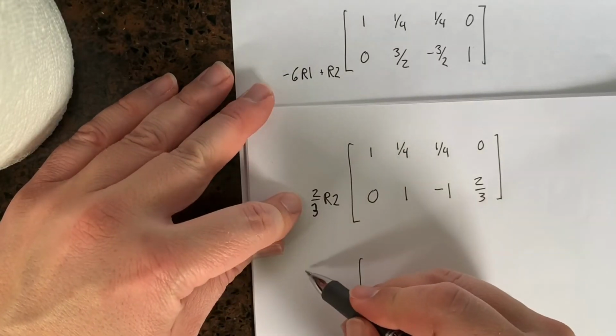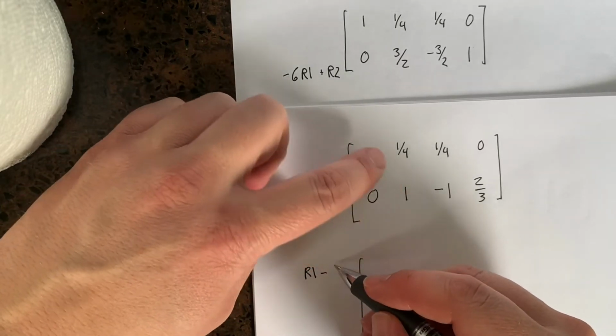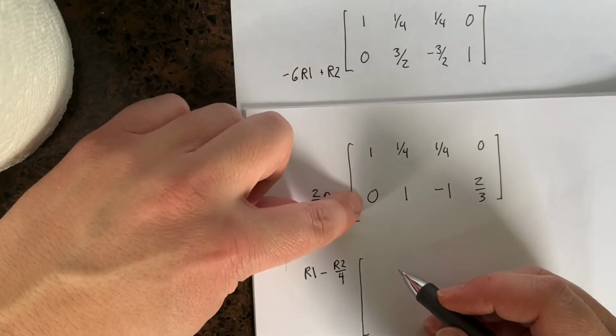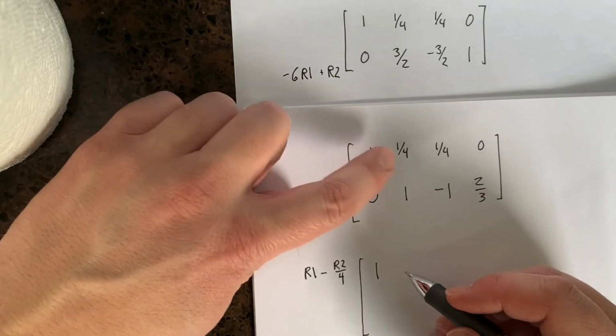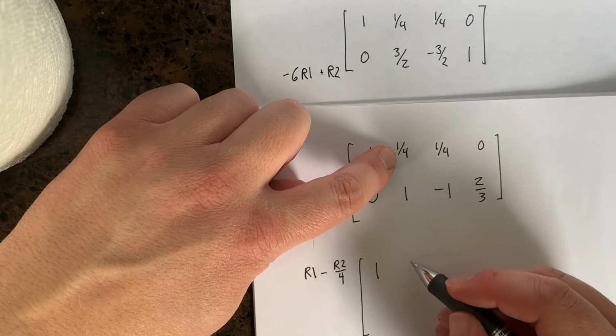Let's take row 1 minus 1/4 of row 2. So 1/4 of 0 is 0, 1. Minus 1/4 plus 1/4 is 0.